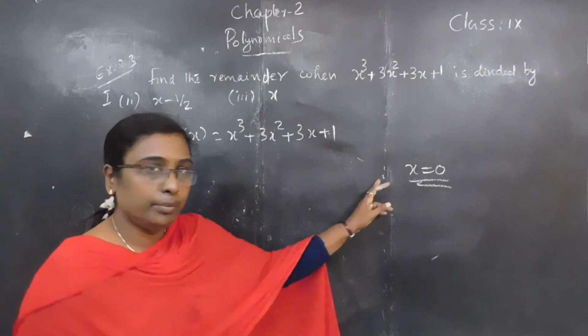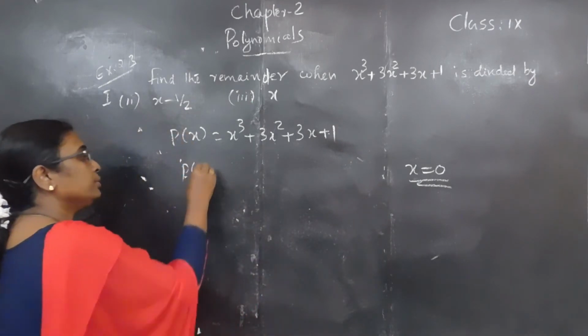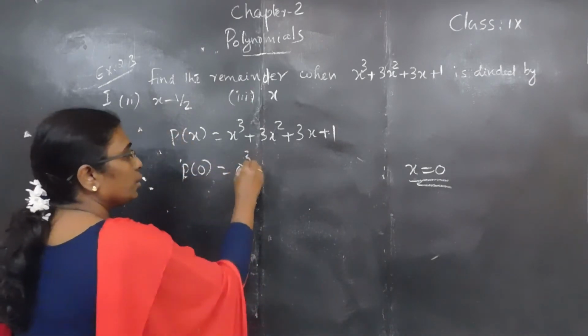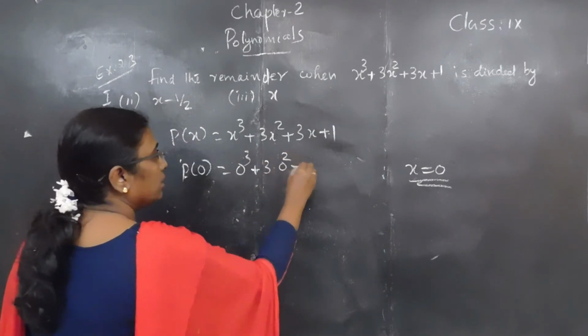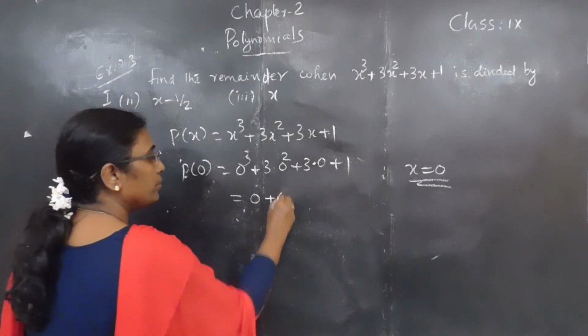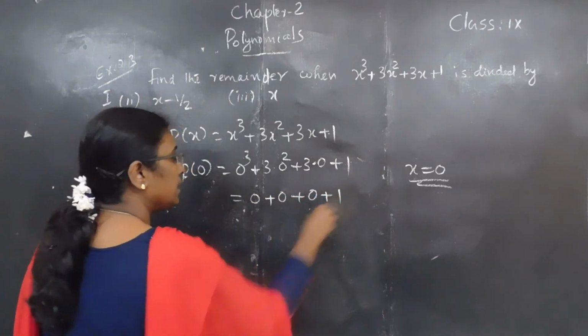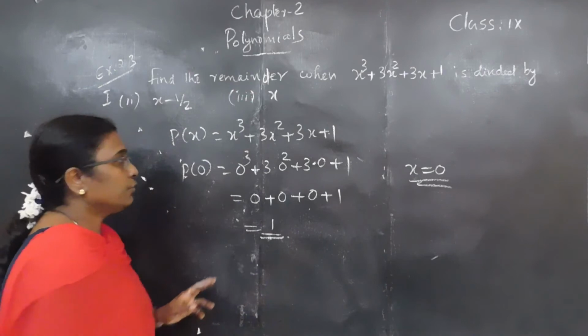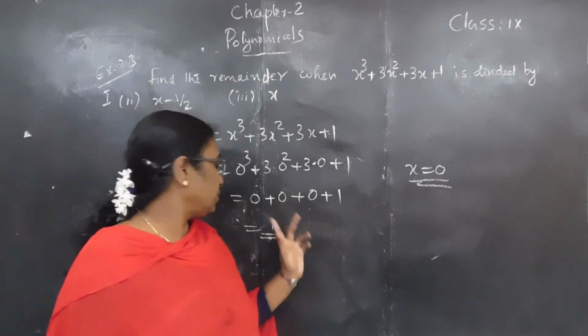Therefore, p of 0 equal to 0 cube plus 3 into 0 square plus 3 into 0 plus 1 equal to 0 plus 0 plus 0 plus 1 equal to 1. Therefore, the remainder is 1.